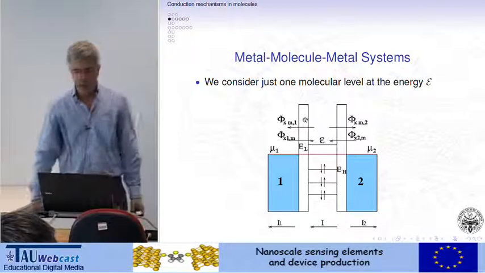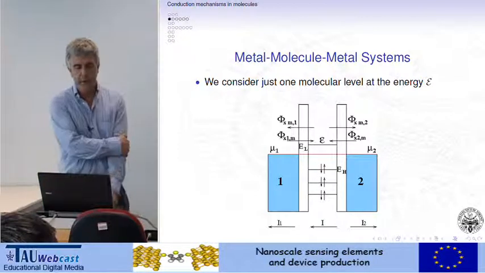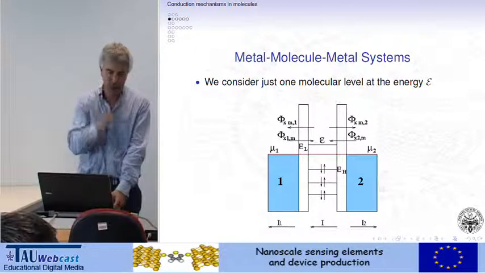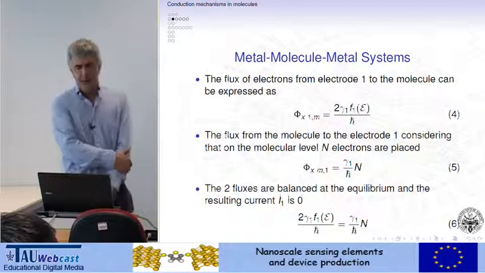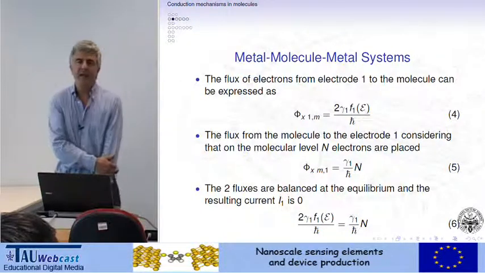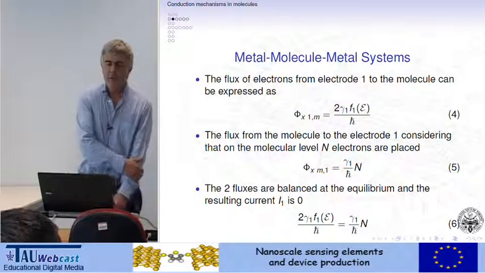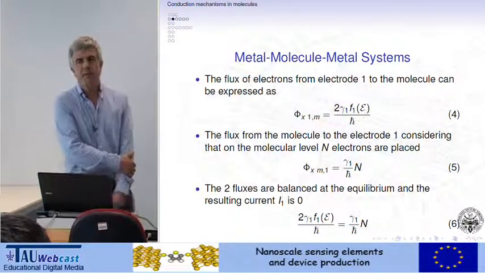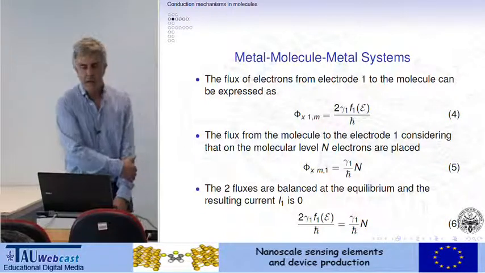So we try to write simple equations to evaluate the four fluxes. A flux is a density times a velocity. A velocity can be, again, seen as 1 over a time.